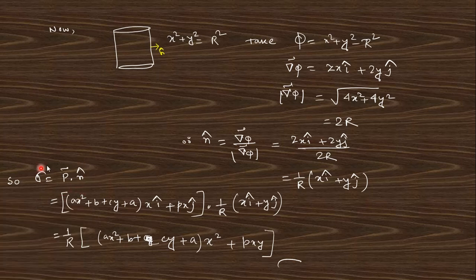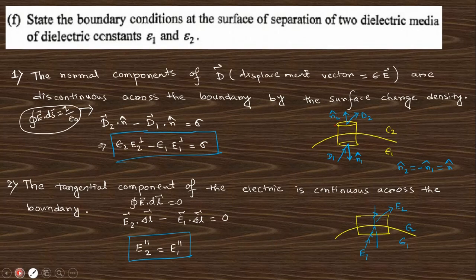After that you can find the induced surface charge density, P dot n cap. So this is P and this is n cap. After taking the dot product, you will get this answer. Clear?